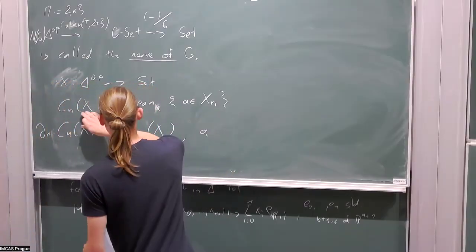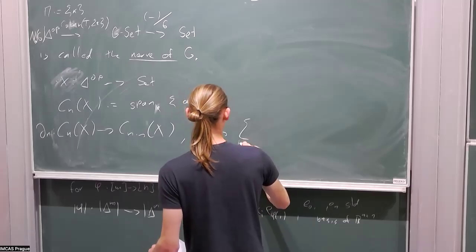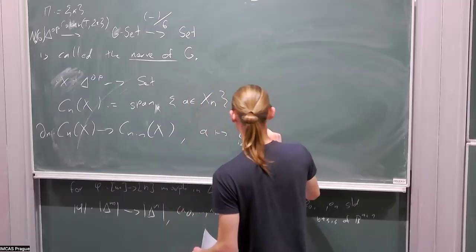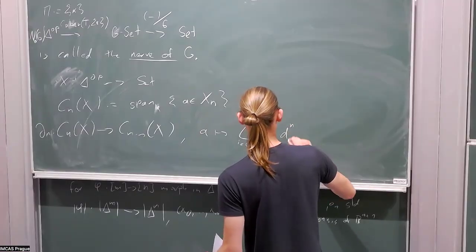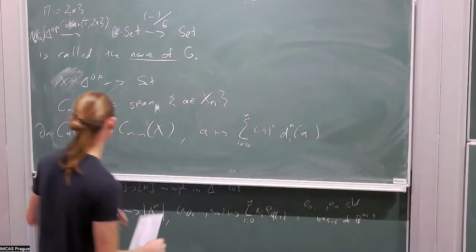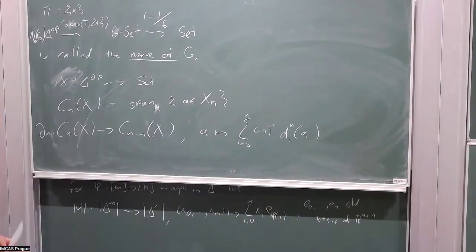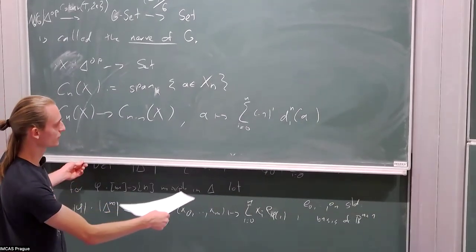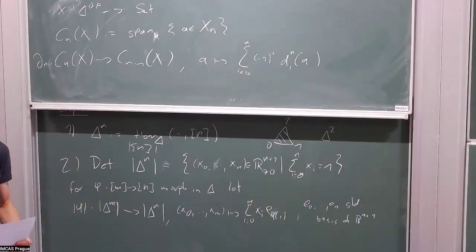You map such an n simplex A to the sum over i equals 0 to n, with alternating sign, and then you apply the ith face operator to A. What you can check is that this gives you a chain complex, and then you have a homology theory for simplicial sets. Okay, I see. And if you apply this construction to the singular simplicial set of a topological space, this is precisely the singular homology of your topological space.